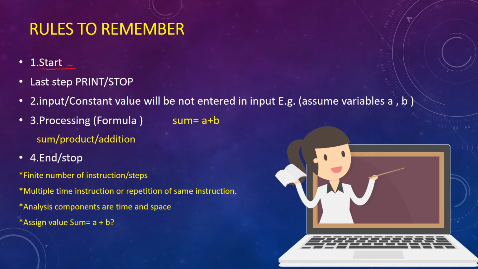This is basically the second rule to remember, and it's your last step. Then whenever you take a number from the keyboard, you will say that this is the input. The constant value will not be entered in the input. For example, you will assume the variables, that is a or b or any variable you will write in it.